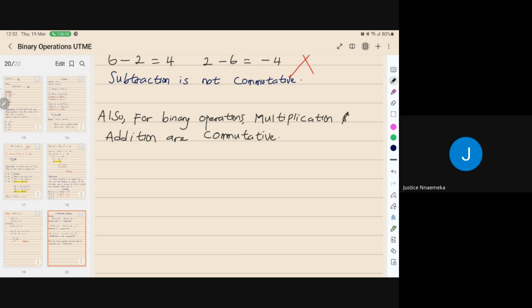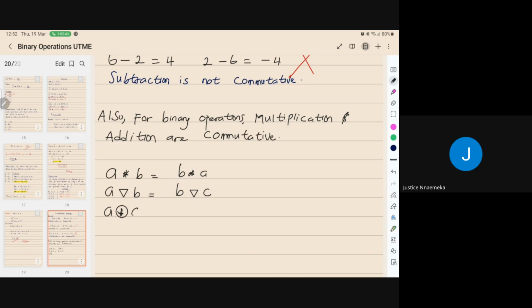So now, the commutative property is simply saying that, let's say we have an operation, A asterisk B will be equal to B asterisk A. Or you have A, that symbol, B, this. Or the other symbol again that you saw, any of those binary operations, right?